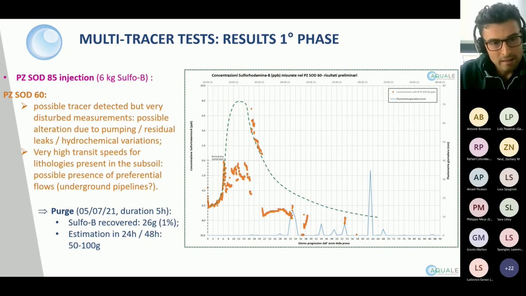Another hypothesis is a very high transit speed for the lithologies present in the subsoil, connected to a possible presence of preferential flow, for example an underground pipeline. Also in this case, even more than the first injection, the mass of tracer recovered in 24 and 48 hours is only estimated and indicative. And in this specific case, it was not possible to make a breakthrough curve analysis.